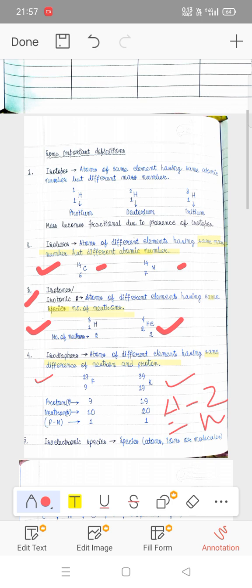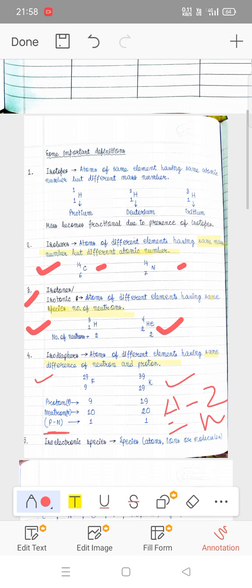So 19 minus 9 equals 10, and in case of potassium 39 minus 19 equals 20. Now we will look into neutron minus proton, that is the difference of neutron and proton. 10 minus 9 is equal to 1 and 20 minus 19 equals 1. So the difference of neutron and proton are same, we can see.